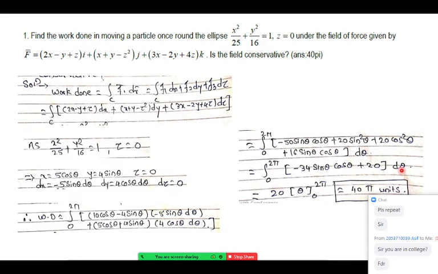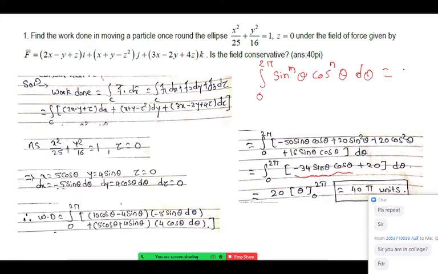Now here is one very important property that we use a number of times when we integrate. Let me tell you that property. To integrate this part, actually we have to integrate. In this case it is okay, but there is one important property: the integration from 0 to 2 pi of sine raised to m theta into cos raised to n theta d theta is 0.